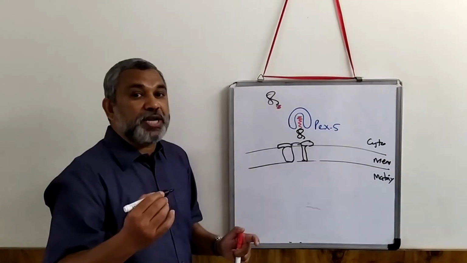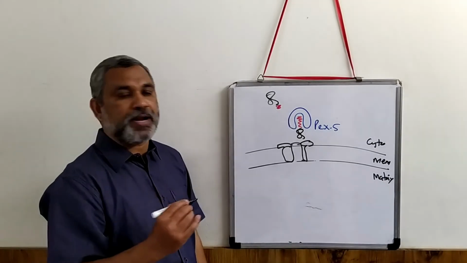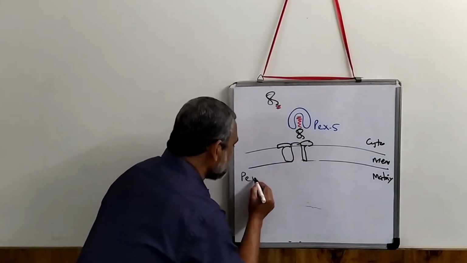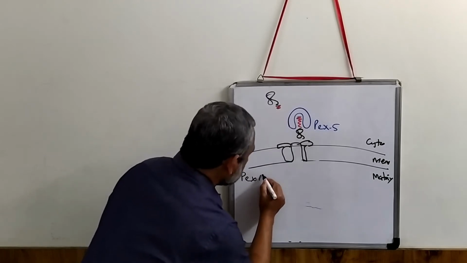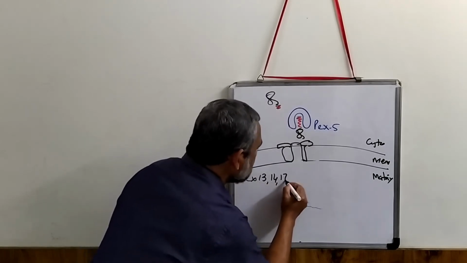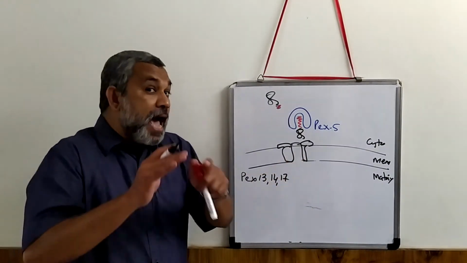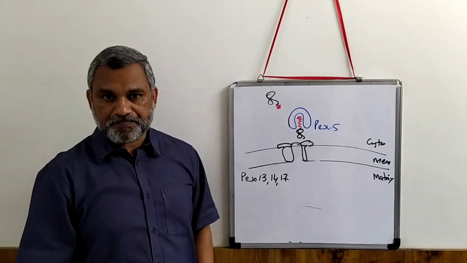This particular unit, which will act as a translocon, is assembled with the help of PEX 13, 14 and 17. PEX 13, 14, 17 will assemble and form a kind of channel.